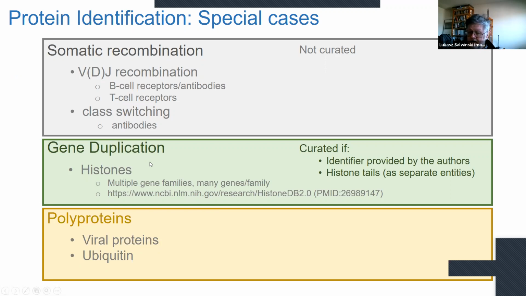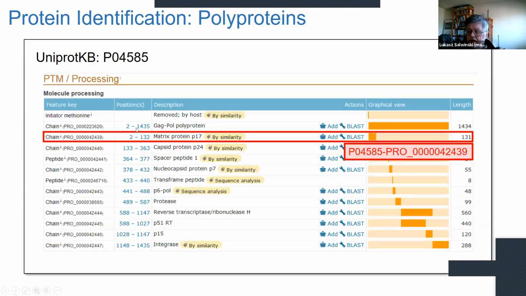And then another case is for viruses, where in many cases viral proteins are made as one very long chain, like this one, which is coming from one of the HIV strains.